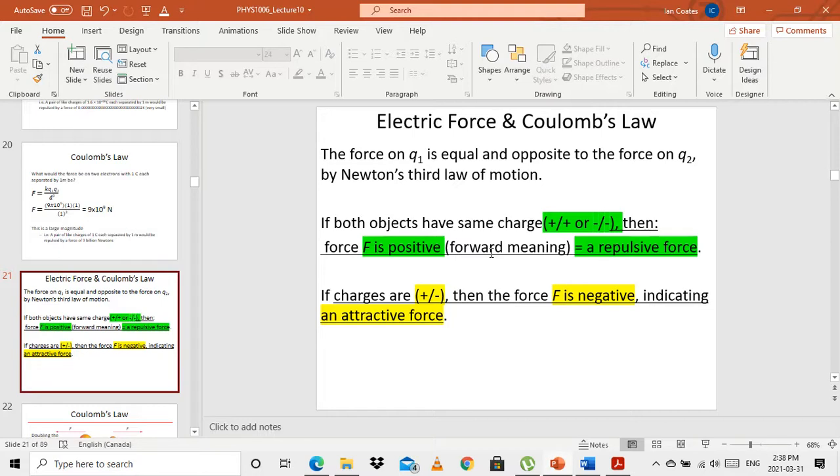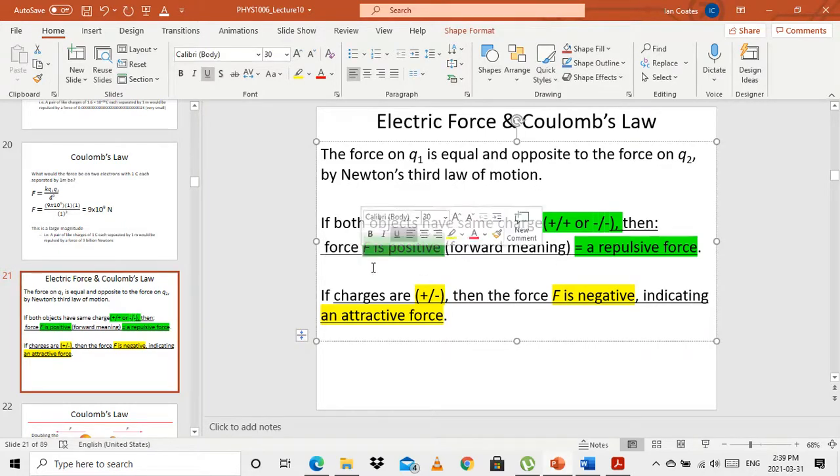I put these in nice ugly colors so you would see this. They're going to repel each other, because the same charges don't like each other. How do we know they repel? Because the force is positive.